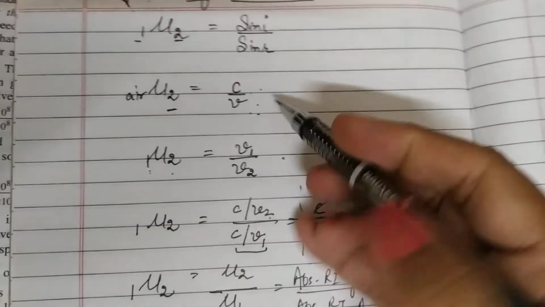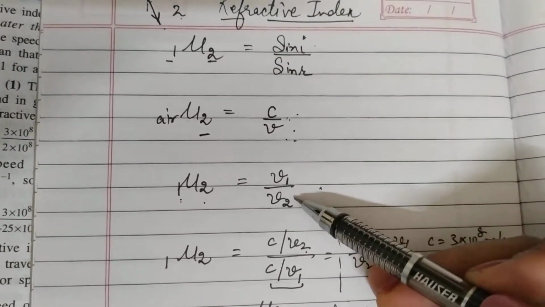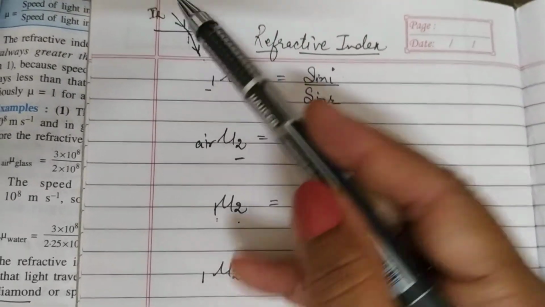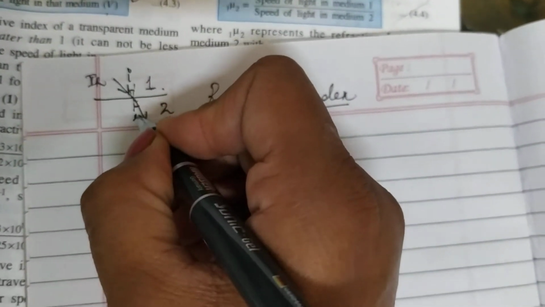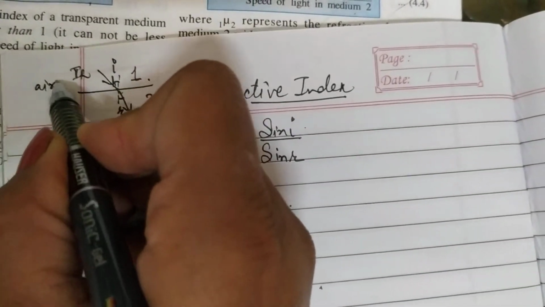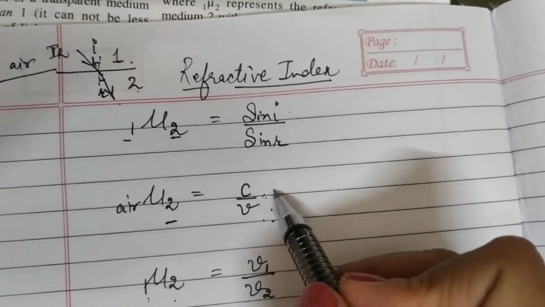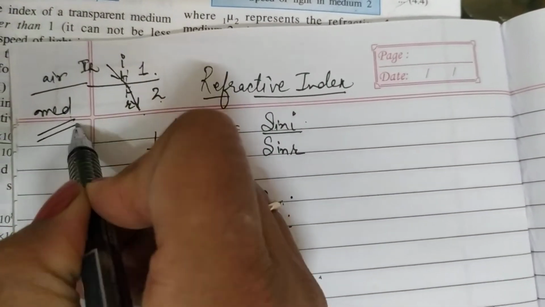And one more thing, just to help you learn: in all the above formulas, the numerator quantity was the quantity of the first medium. Like the I angle was in the first medium, and the R angle was in the second medium. C was air, the first medium, speed of light in air, and V was the speed of light in the second medium, that is the medium itself.